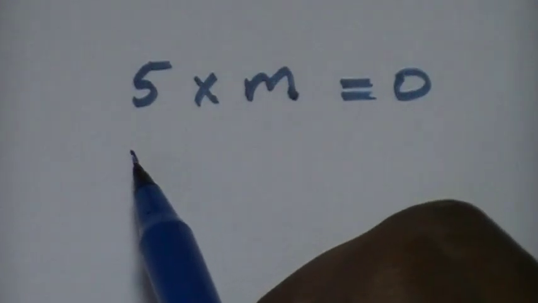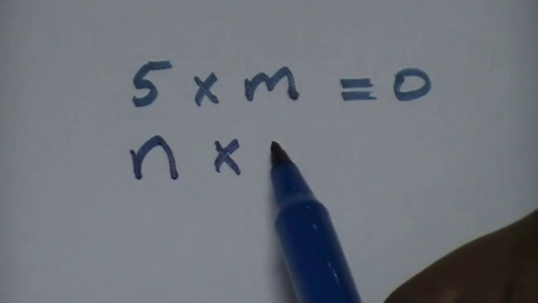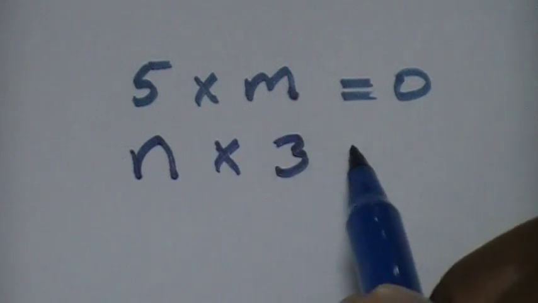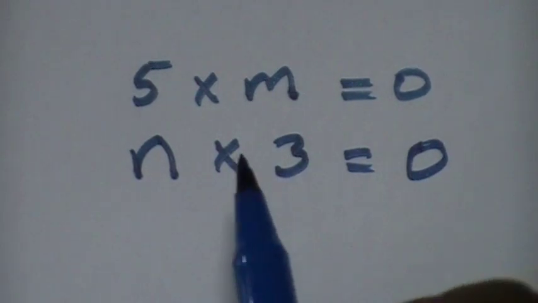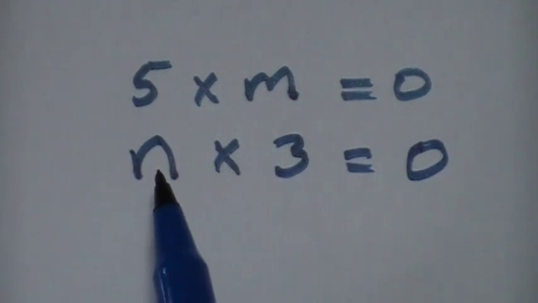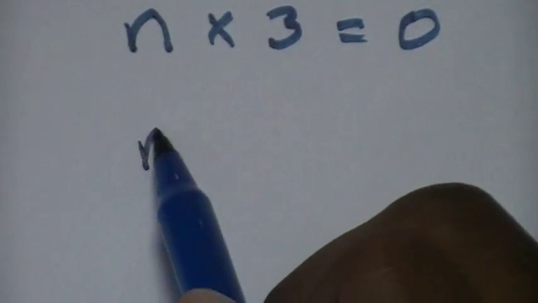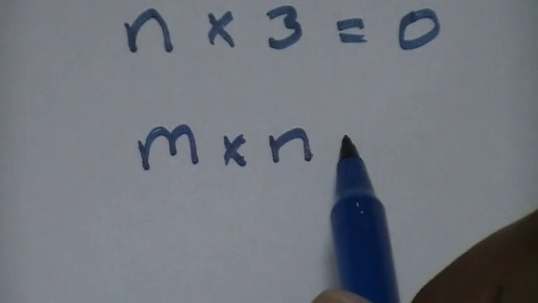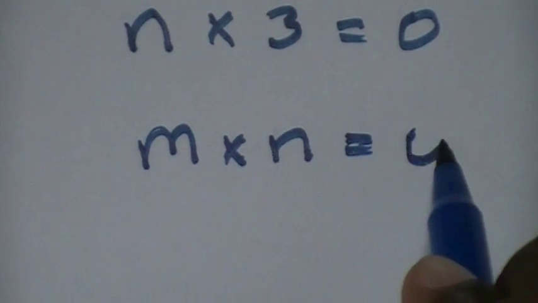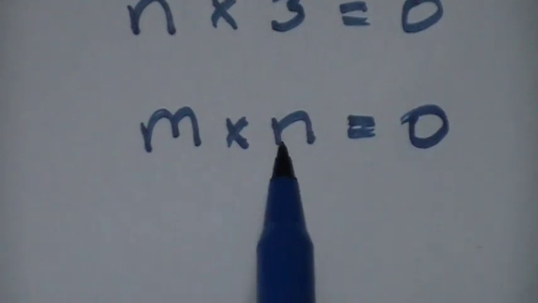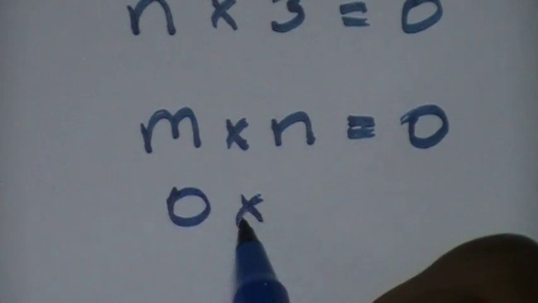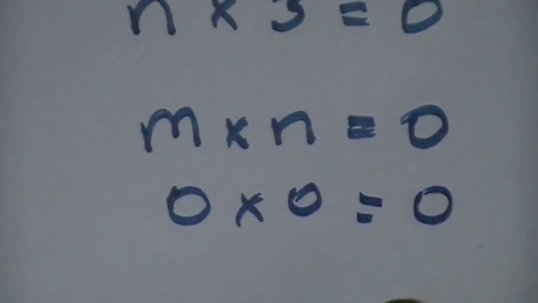What about if we multiply in another number, let's call it n, by 3, and the solution is 0. What does that tell us about n? Yes, n will have to be 0. So if we're multiplying two numbers, let's say m and another number, n, and the product is 0, then either one of these two numbers must be 0, or both of them could be 0 as well, because 0 times 0 is 0.